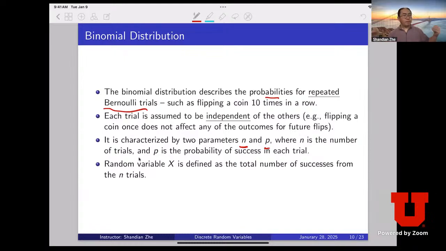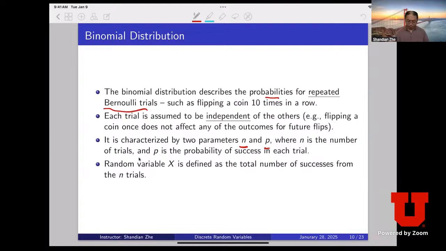Like in the coin flipping example, n is just the number of times you flip the coin, and p is the chance you see heads up for each flip.